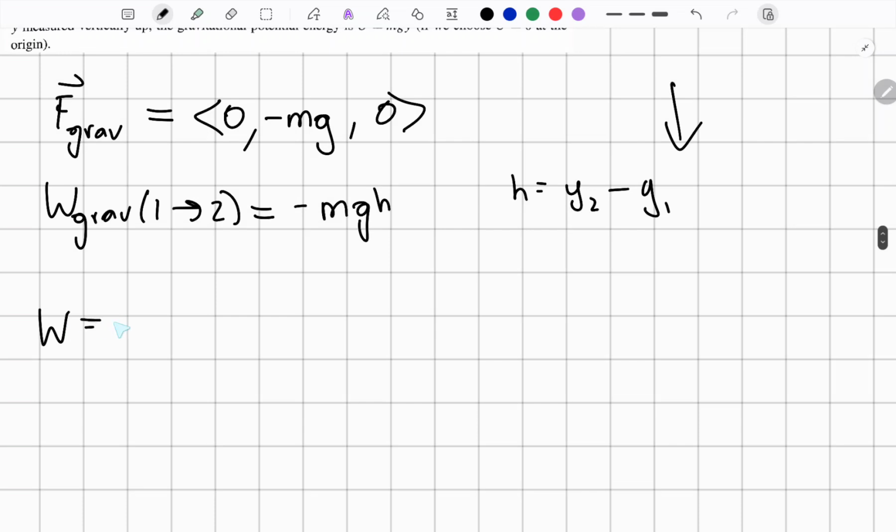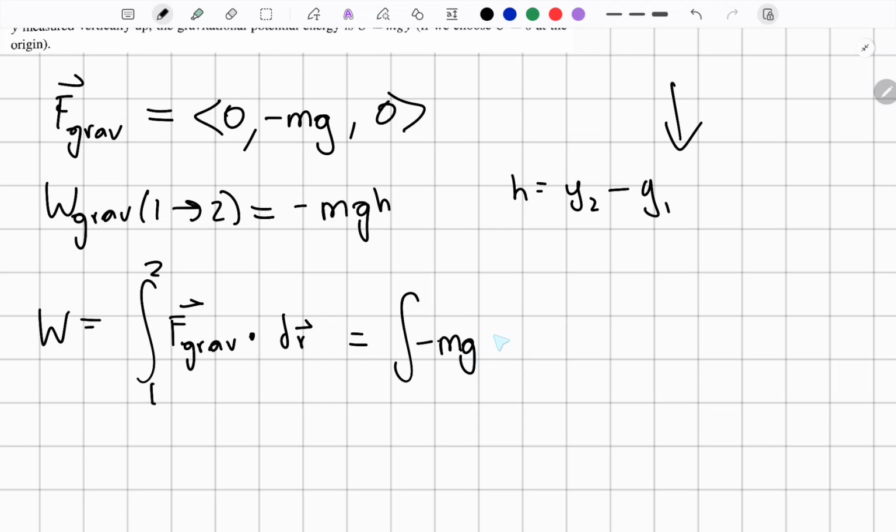And the work we know is the integral from the first point to the second point of our force dotted with dr. In this case, we're going to have 0 and 0, and the only one that's going to matter is that y direction force, which is negative mg dy.